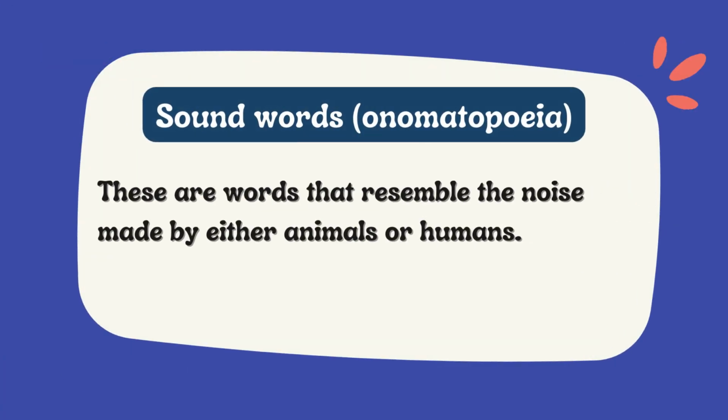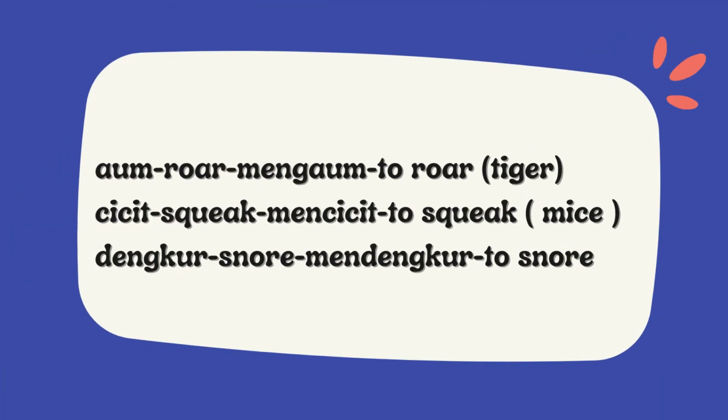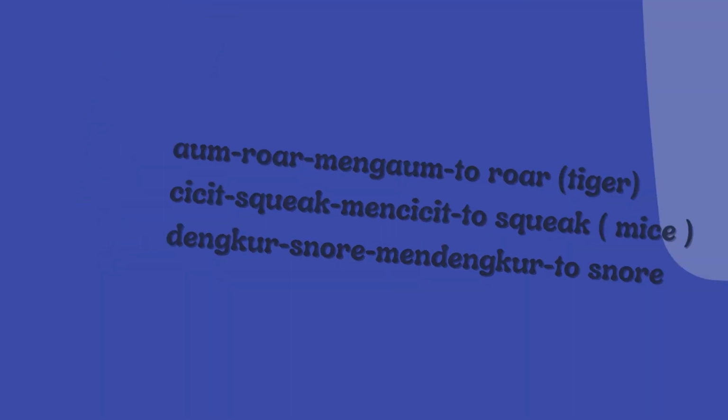Sound words, onomatopoeia. These are words that resemble the noise made by either animals or humans. Aum, roar: mengaum, to roar, tiger. Cicit, squeak: mencicit, to squeak, mice. Dengkur, snore: mendengkur, to snore.